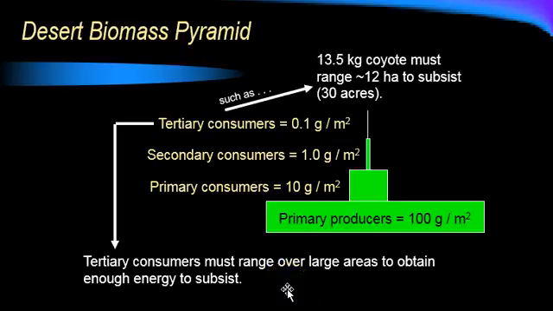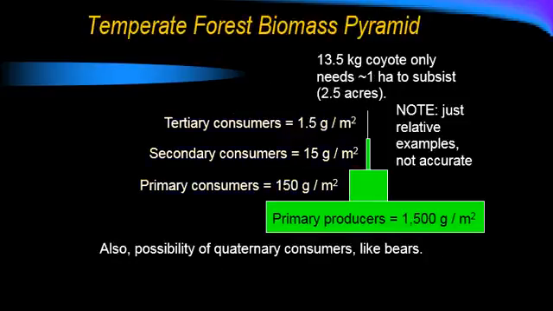They have to wander over large areas, huge territories, because they have to obtain so much energy in order to survive. And these tertiary consumers or higher level consumers usually spend almost all, if not all of their life trying to find food, because there is so little energy left to them at that level of the pyramid.